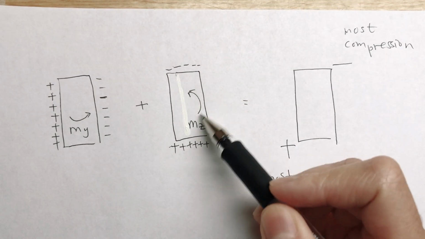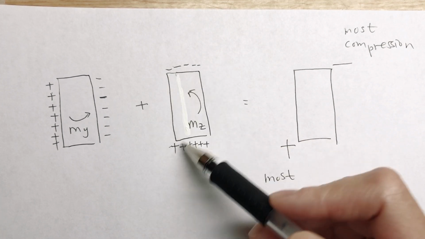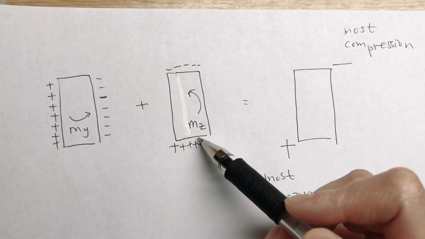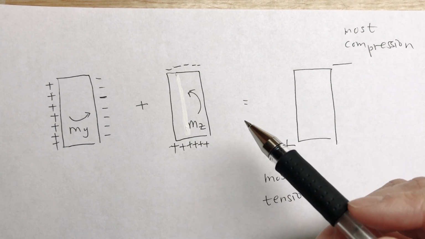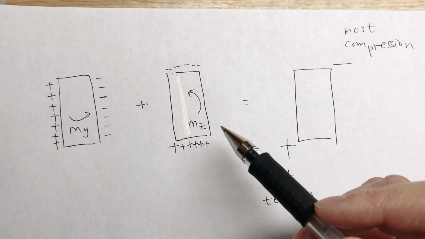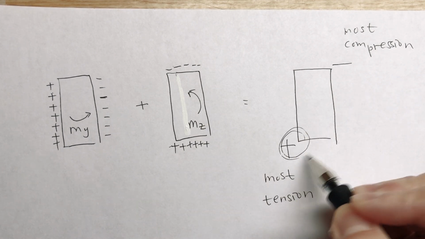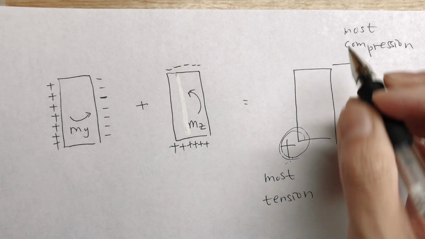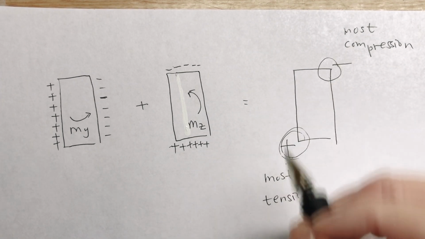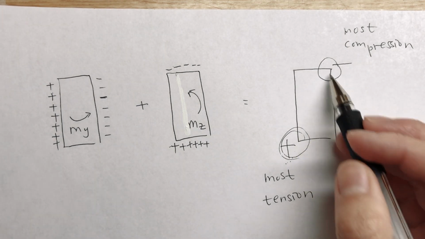For this moment about the z-axis, the topmost is going to be the most compressed, and this will be the most stretched in tension. So we know that this point is going to be in the most tension, and this point is going to be the most compressed. So how do we find these two numbers?